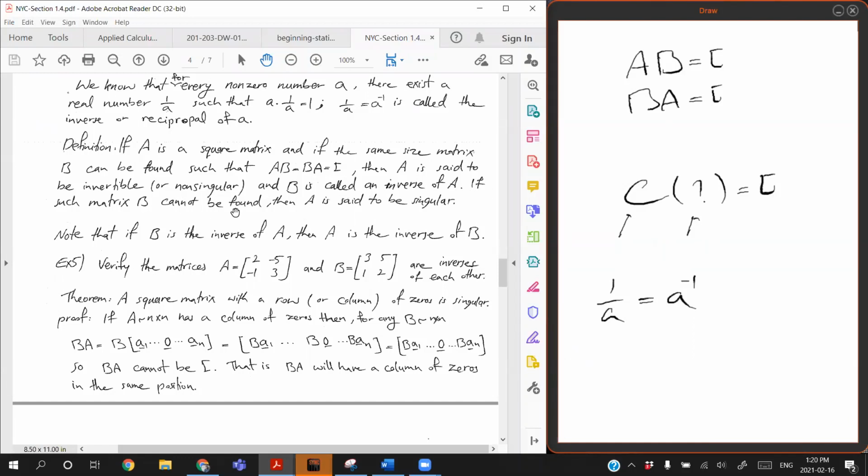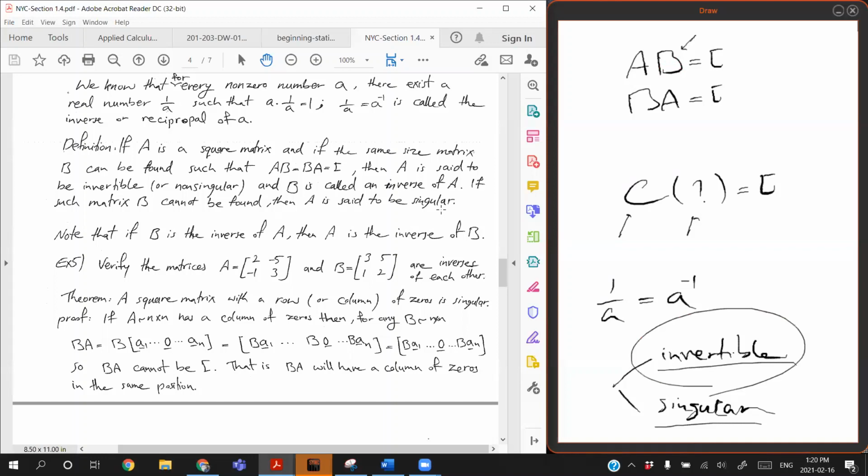If such a matrix B cannot be found, then A is said to be singular. So matrices are either invertible or singular. And whether a matrix is invertible or singular depends on whether I can find a matrix B so that AB is I and BA is I or not. If this B can be found, then the matrix is invertible.